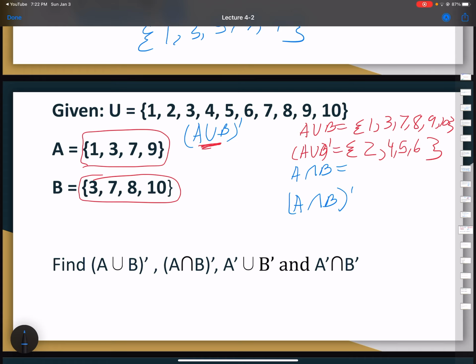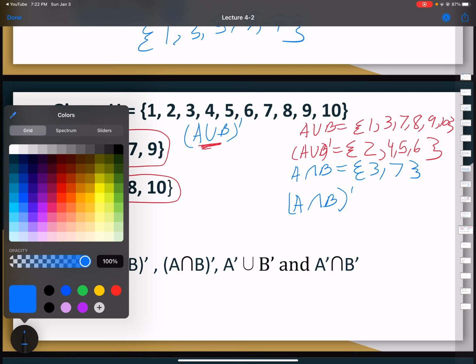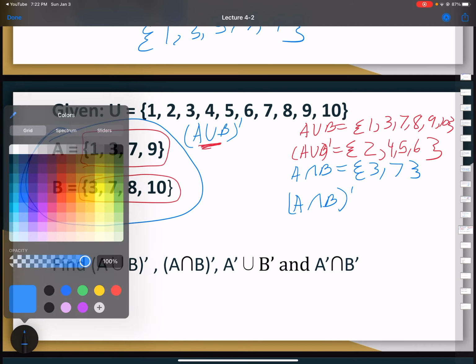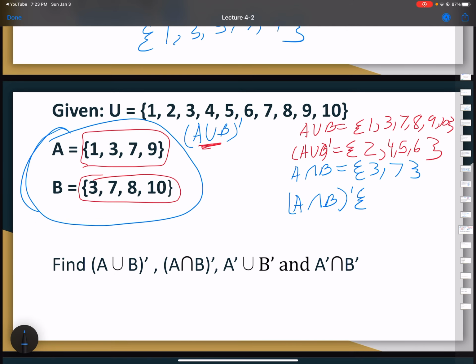A intersect B, what do they have in common here? They have a 3 in common, and they have a 7 in common. A and B have a 3 and a 7 in common. So our complement of that is going to be the opposite of that, which is 1, 2, 3 is taken, 4, 5, 6, 7's taken, 8, 9, 10.